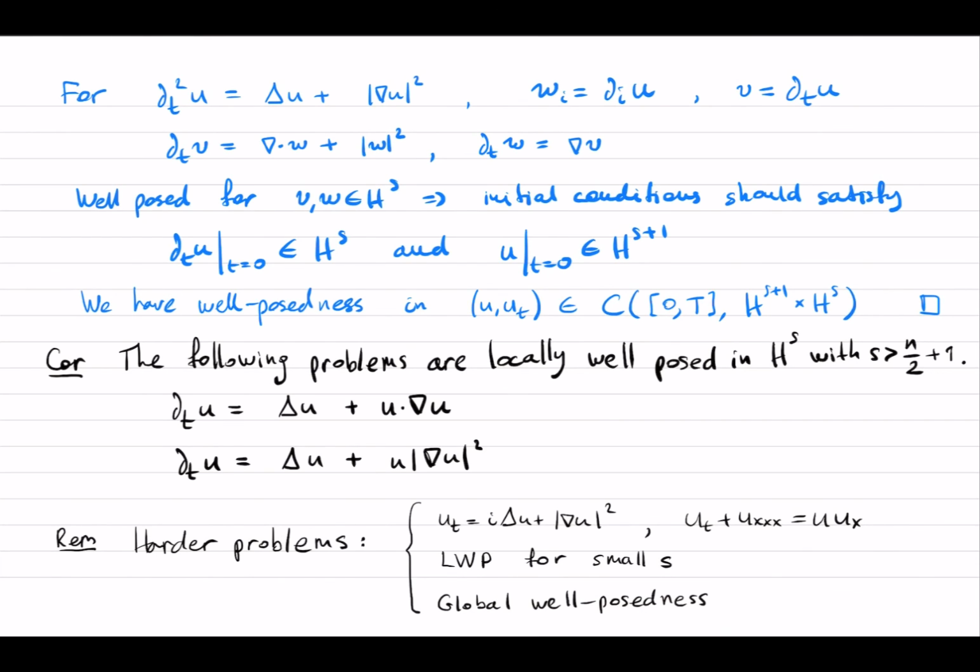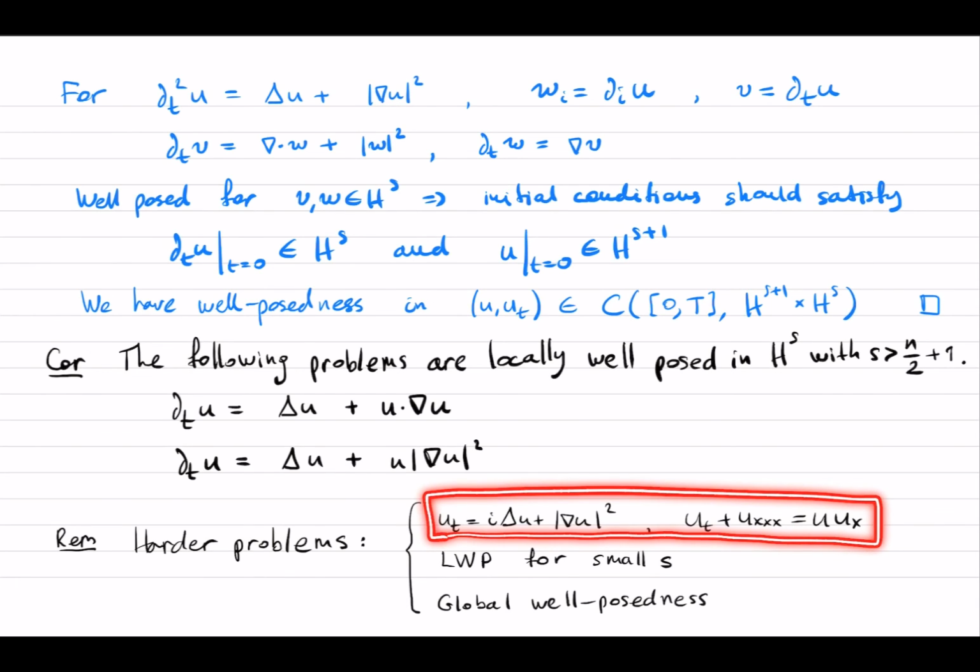And also some other interesting problems, the nonlinear Schrödinger equation with derivative nonlinearities, and KdV equation, for example. The KdV equation is a dispersive equation with derivative nonlinearities. These equations are actually not covered by our abstract theorem.